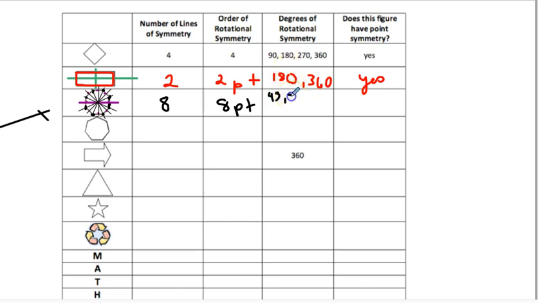So 45, 90, 135, 180, 225, every 45 degrees. 225 plus 45 gives me 270, to 315, to 360, which means yes.